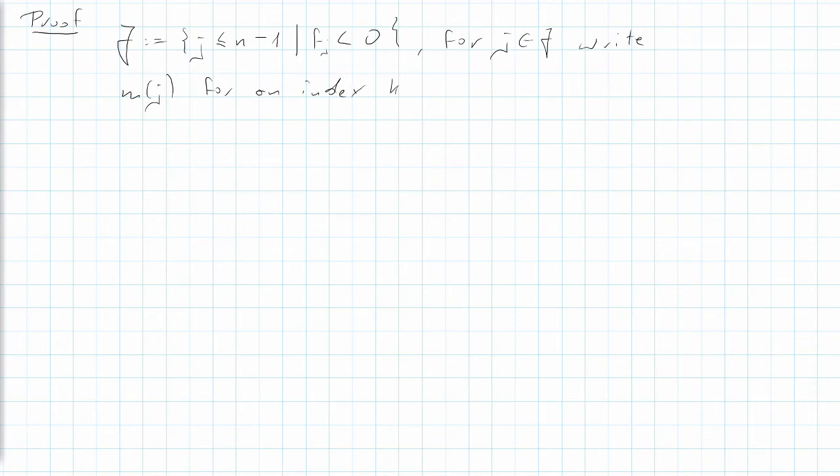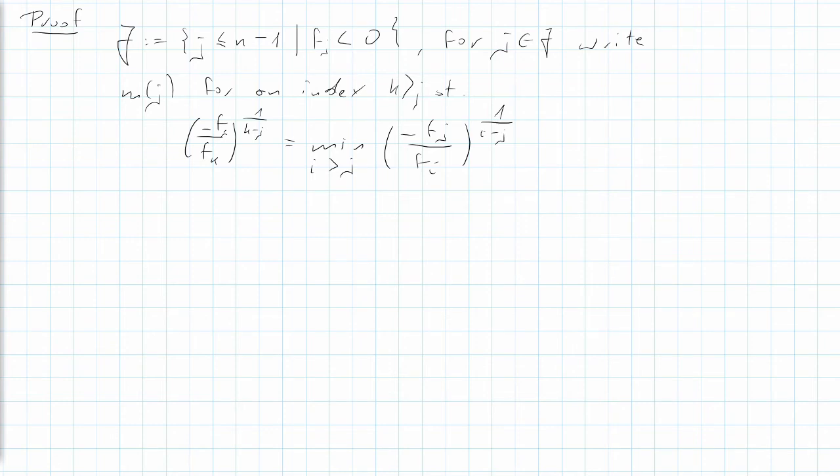remember that in this Hong's bound we had the minimum over all these indices of minus f_j over f_k to the power 1 over k minus j, for index k greater than j, is the minimum for all i greater than j of minus f_j over f_i to the power 1 over i minus j.